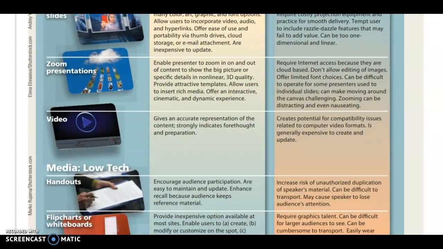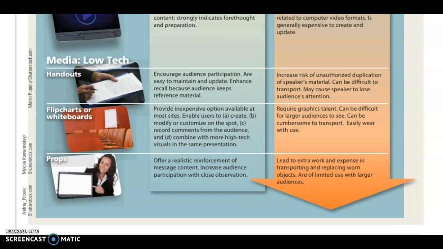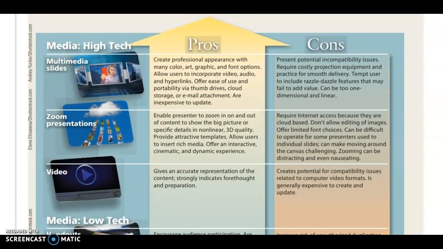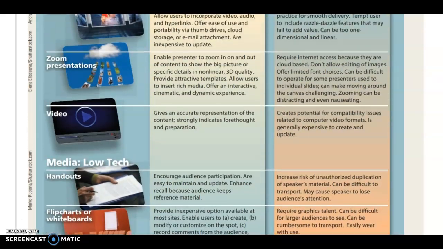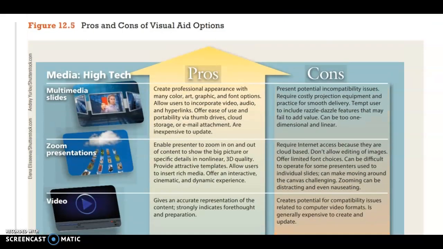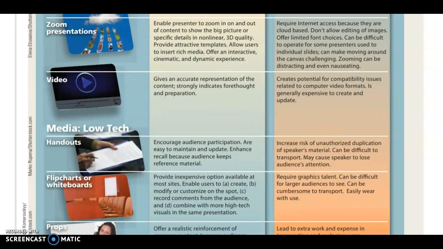These are low-tech down here. And then up here, your video, Zoom presentations, and multimedia slides would be considered high-tech. So read through those and evaluate which multimedia or visual aid would be most beneficial for your presentation.